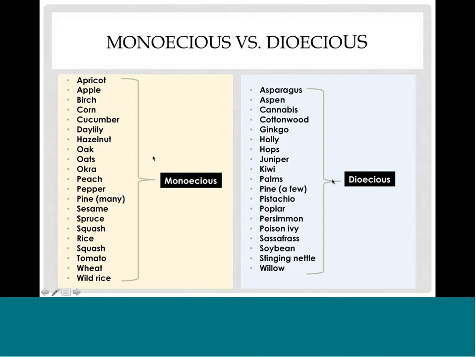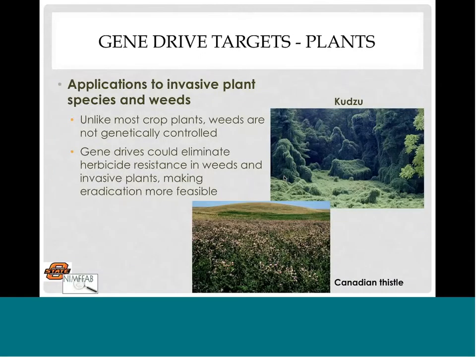But on the right are some interesting potential candidates for gene drives. You see on there some weeds, which could be targeted for weed control, and other very important food crops like soybean, along with some fruits like pistachio and persimmon, etc. So this is certainly a consideration in targeting plants.